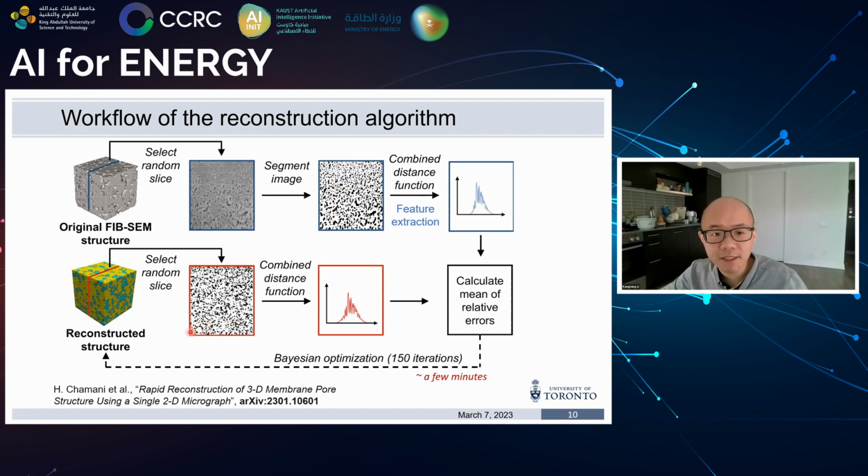And then in the next step, a 3D structure is randomly initialized and a random slice is selected from it and a combined distance function is obtained similarly. The two distance functions are then compared, and a Bayesian optimization is used to update the reconstructed 3D structure.